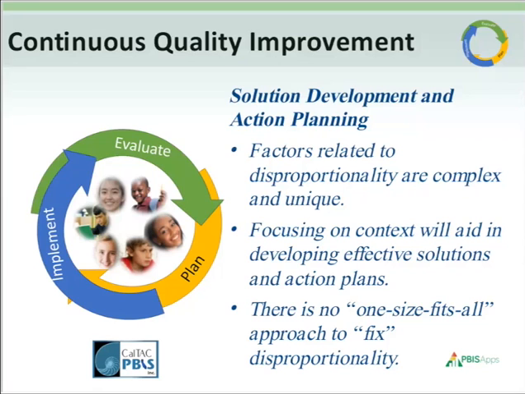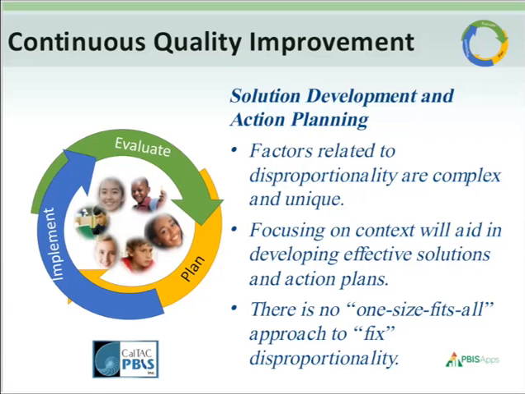So this 3-point approach to looking at the data and drilling down with the WH questions are just a piece of what we're trying to do when we're approaching looking at disproportionality in our schools. But it does give us a starting point, a place that we can look at, that we can be able to step back and take a look at ourselves and see what role that we might be playing in creating this disproportionality. It really helps us to focus on the context, and that will then aid us in developing some effective solutions and action plans.